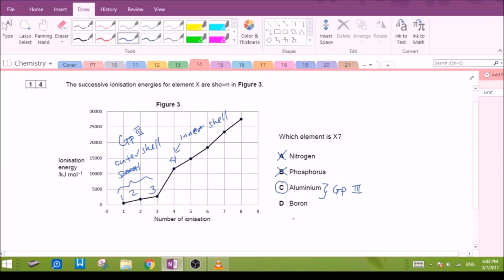If you check the periodic table, boron only has 5 electrons. And then this graph shows that we are able to remove at least 8 electrons from the element. So it cannot be boron, which has only 5 electrons that can be removed. So it is aluminium. Aluminium, for that matter, has 13 electrons.